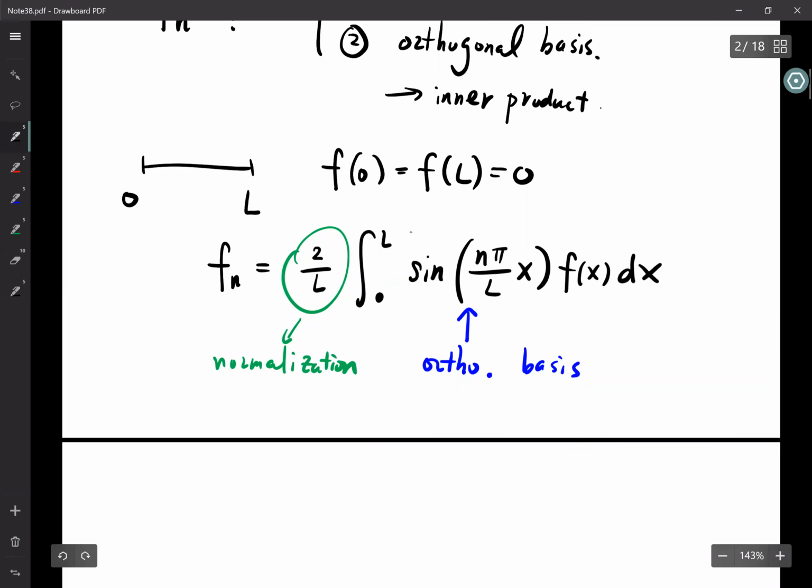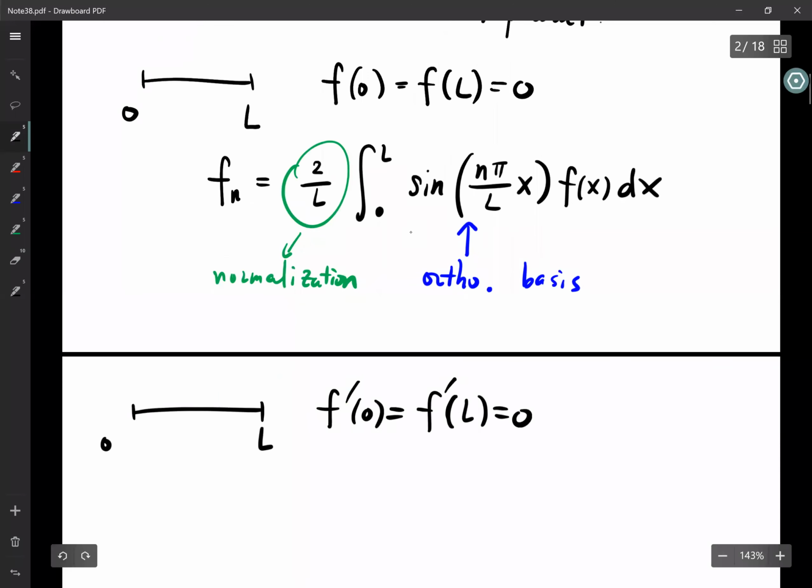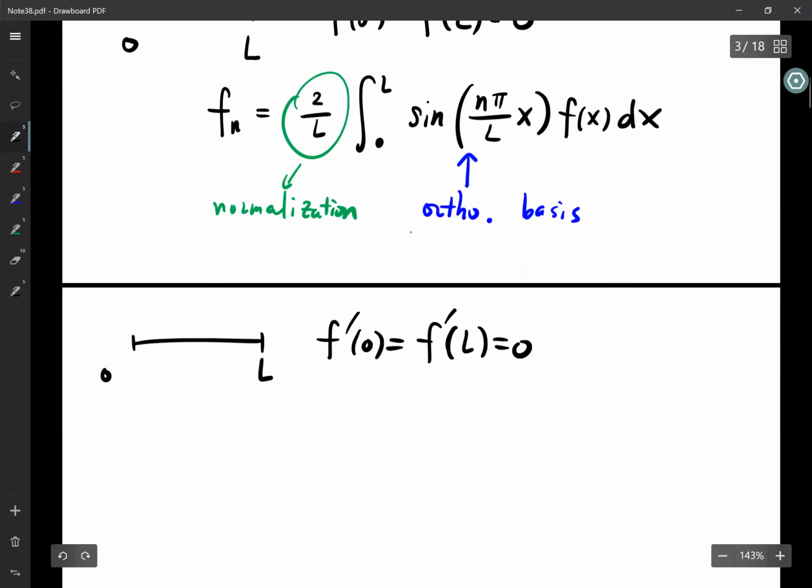So similarly, we considered functions that satisfy the Neumann boundary condition, f'(L) equal to 0. Such functions also form a vector space of their own, and the corresponding expansion takes the form.